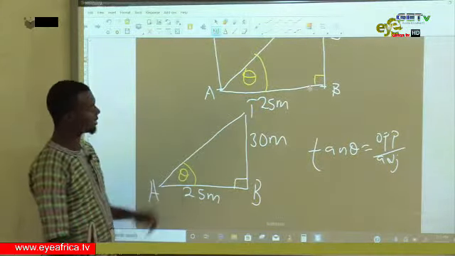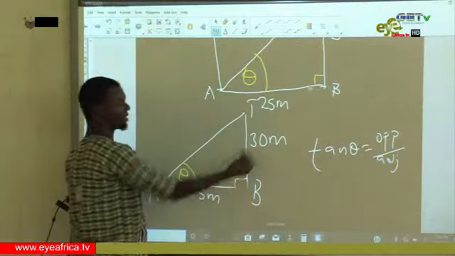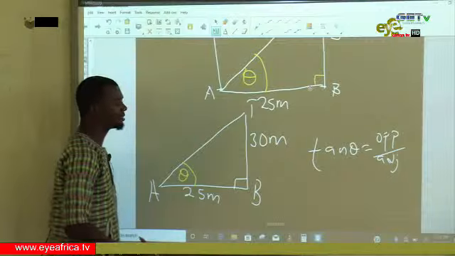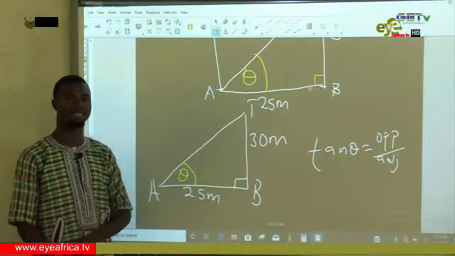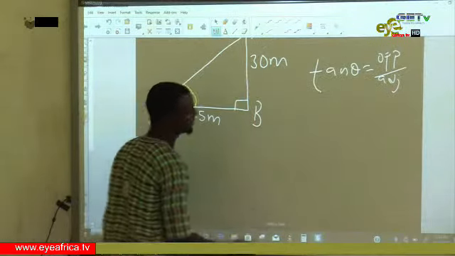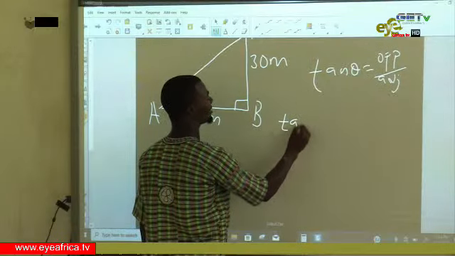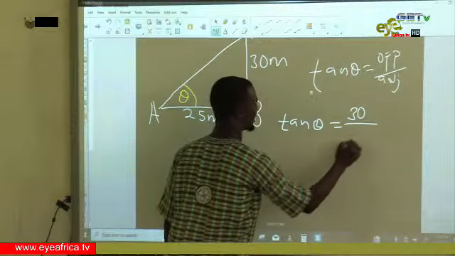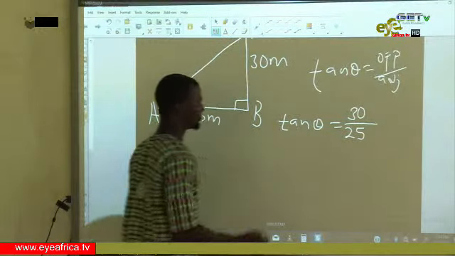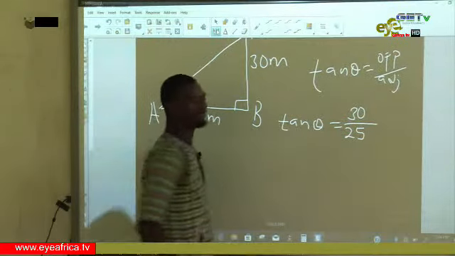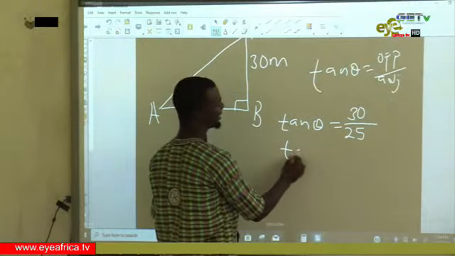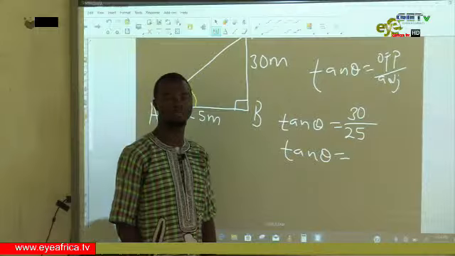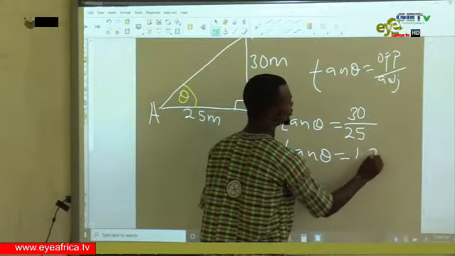So our theta is there, and the opposite of theta is the line directly opposite. So the opposite of theta is 30, and the adjacent of theta is 25. So tan theta is equal to 30 over 25, which is 1.2.